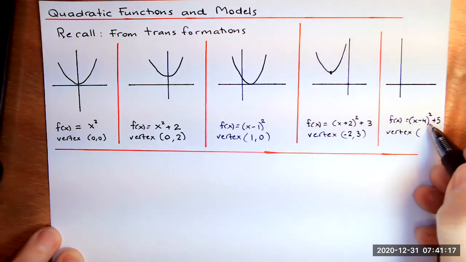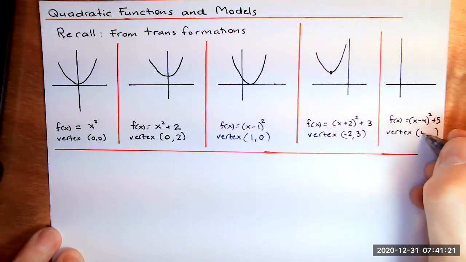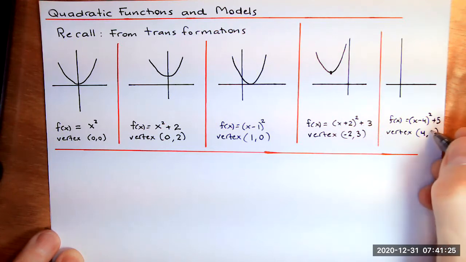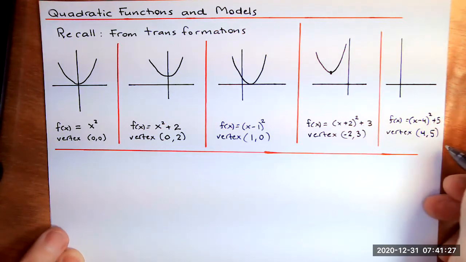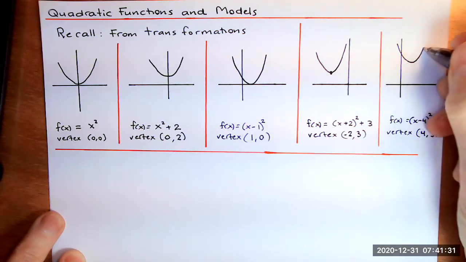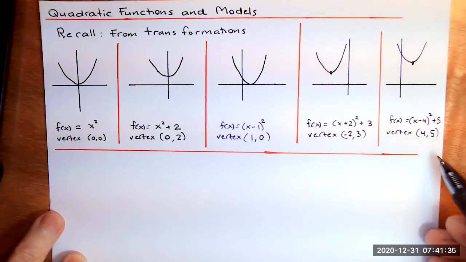And then if we subtract 4 from the inside, that'll shift it to the right 4. And then adding 5 to the outside shifts the vertex up 5 places. So that'll put the vertex at 4, 5.